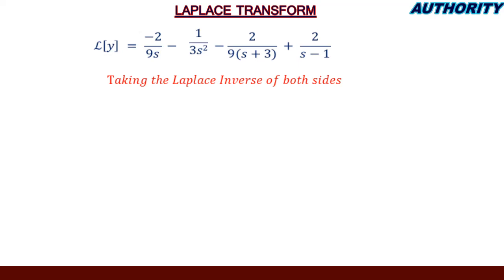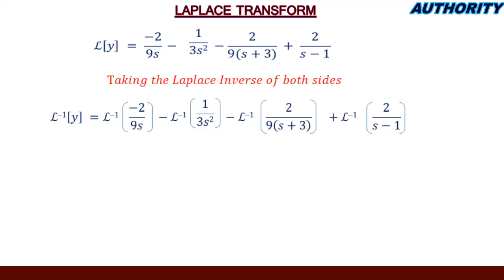That means the Laplace inverse of y is equal to the Laplace inverse of minus 2 all over 9s minus the Laplace inverse of 1 all over 3s squared minus the Laplace inverse of 2 all over 9, open bracket, s plus 3, plus the Laplace inverse of 2 all over s minus 1.